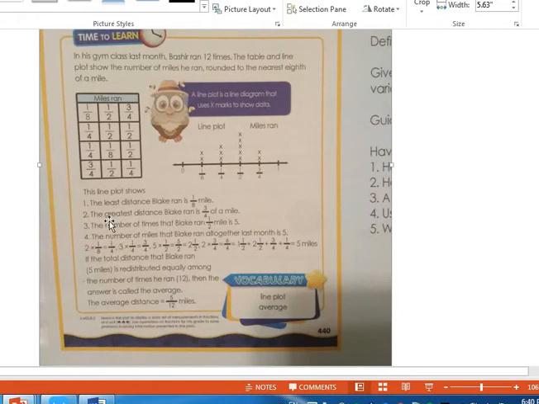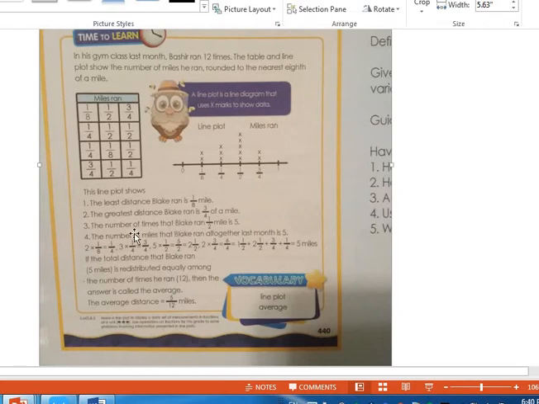Okay, the greatest distance Blake ran, Blake, this is his name, he ran 3/4 of a mile. This is the distance he already ran.